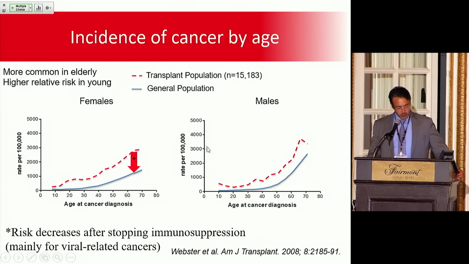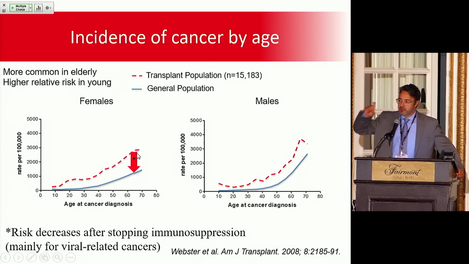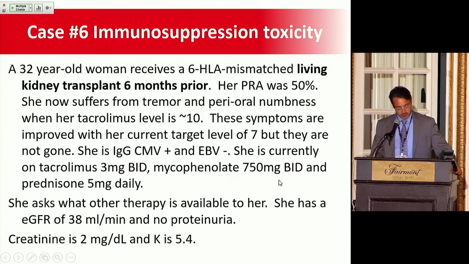If you look at cancer, we do see that as you get older, your risk of cancer increases, and there is for sure the additive risk of immune suppression. It's interesting that once your immune suppression is lower, or say you stop taking your immune suppression and go back on dialysis, that increased risk of cancer suddenly goes back to the general population, in part because of the effect on viral infections as well as immune surveillance.